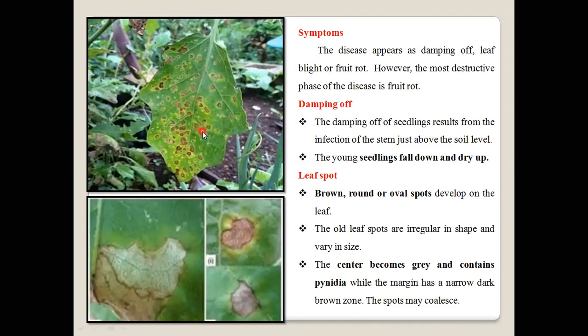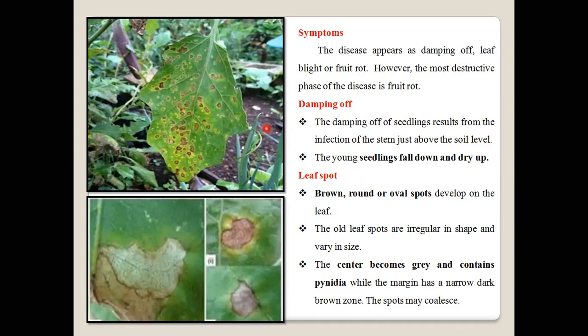This pathogen develops typical symptoms such as damping off, leaf spot and fruit rot. Out of the three phases, the fruit rot phase is the most destructive phase of this disease. Now we discuss the damping off symptoms and leaf spot symptoms.